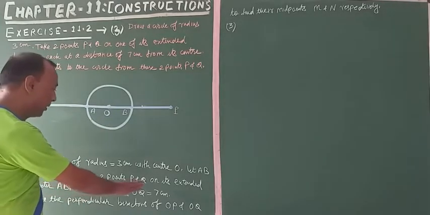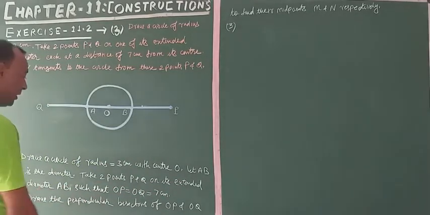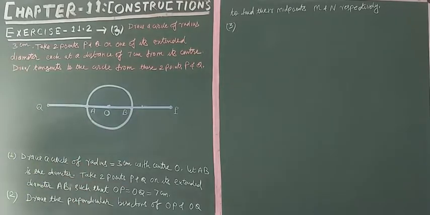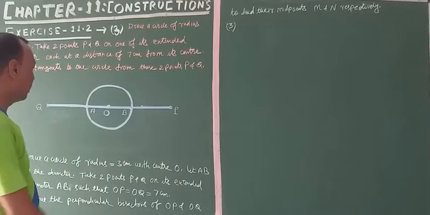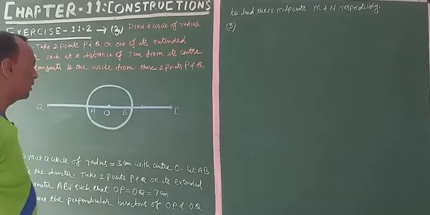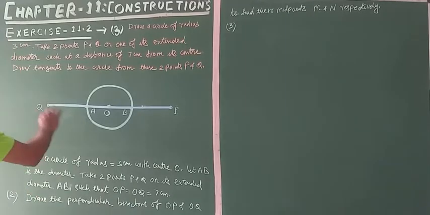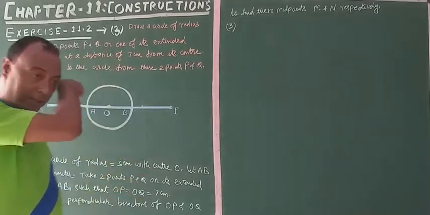So what is the next step? Take 2 points P and Q on its extended diameter AB such that OP equals OQ equals 7 centimeter. And then next we will draw the perpendicular bisector of OP and OQ to find their midpoints M and N respectively.